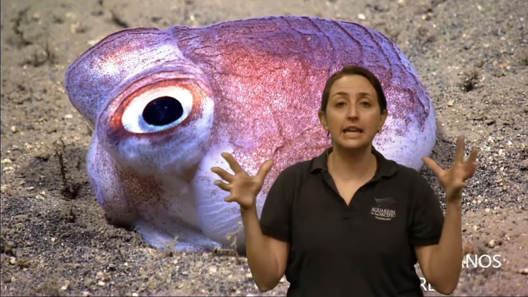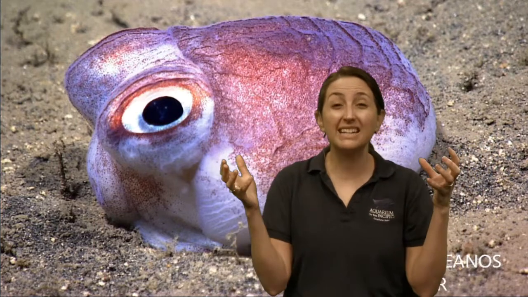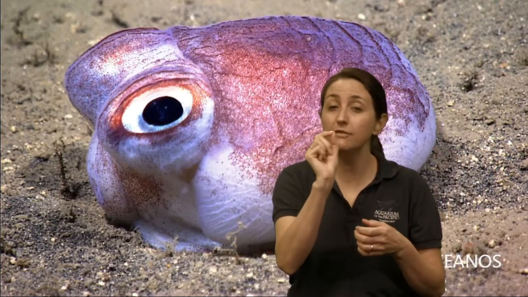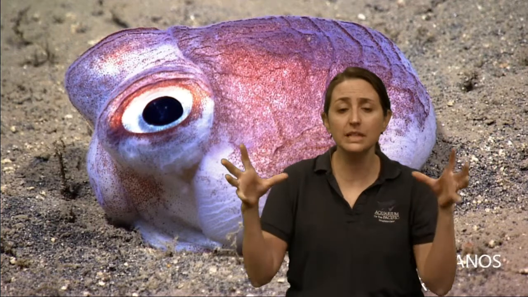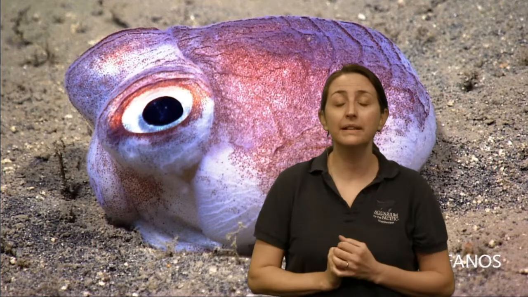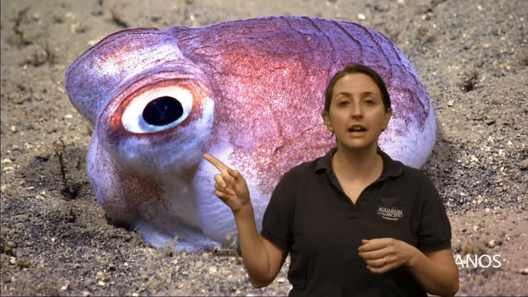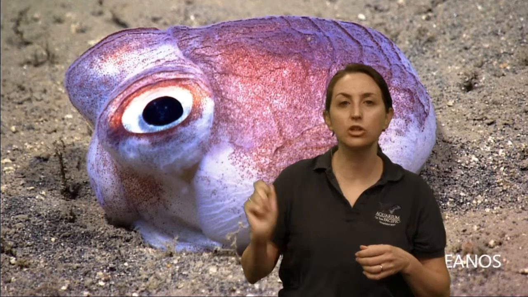That little pocket holds a special type of glowing bacteria. Bacteria are very, very tiny little organisms, and it holds them in that pocket. So the bacteria get a place to live, and the little squid here gets a special tool to attract prey.